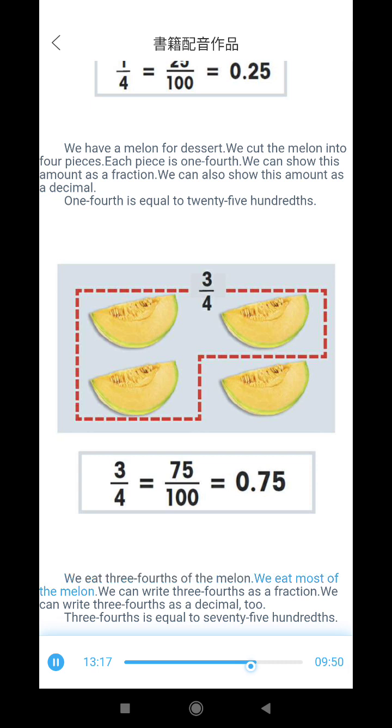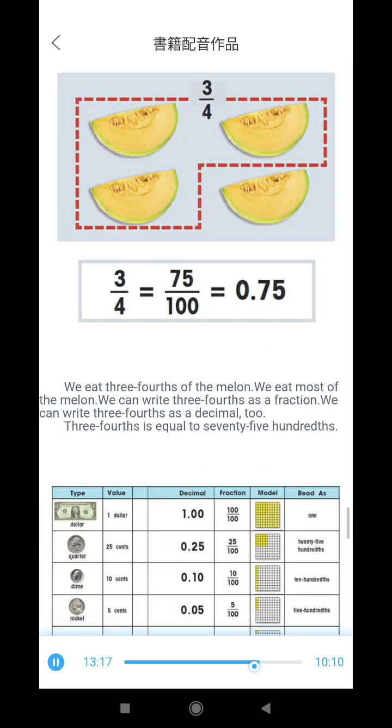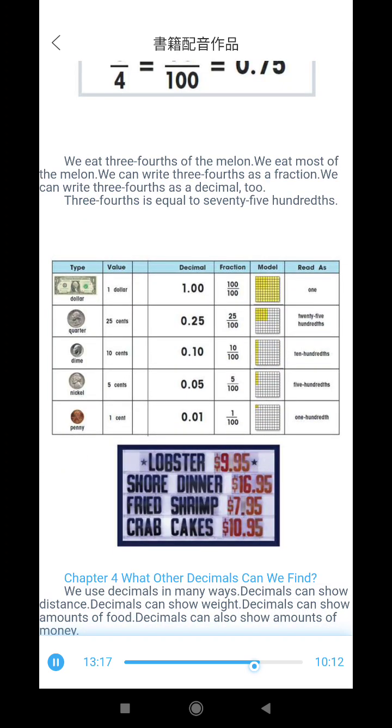We eat 3/4 of a melon. We eat most of the melon. We can write 3/4 as a fraction. We can write 3/4 as a decimal too. 3/4 is equal to 75 hundredths.